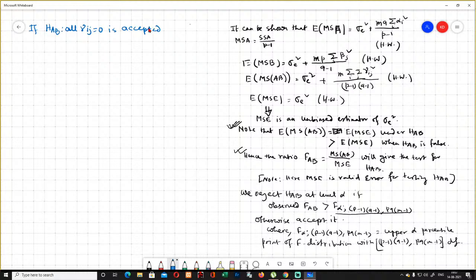The test for HA and HB can be performed as follows.